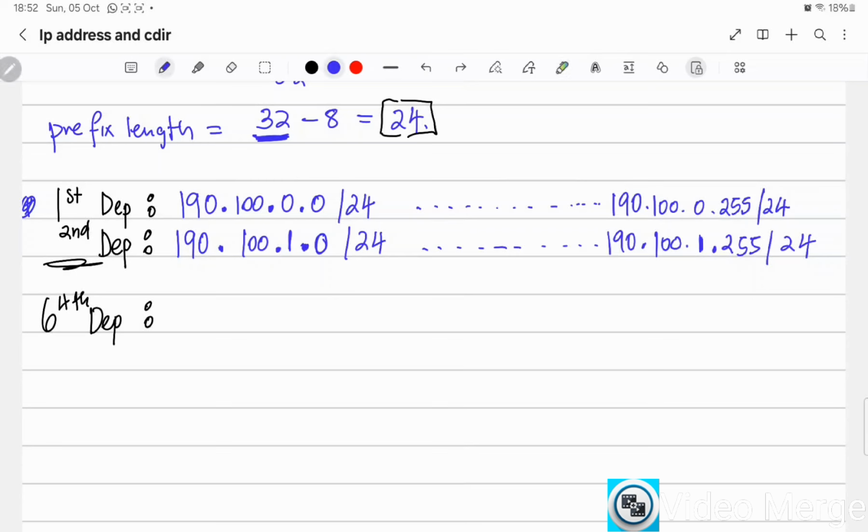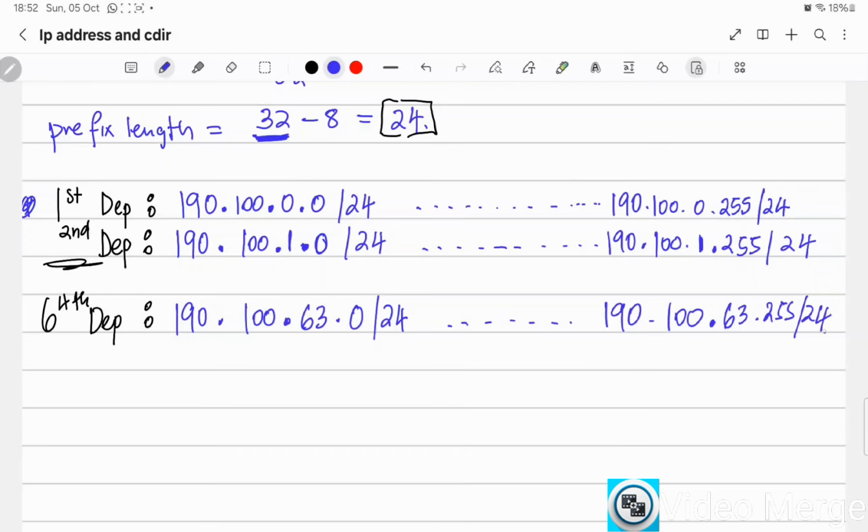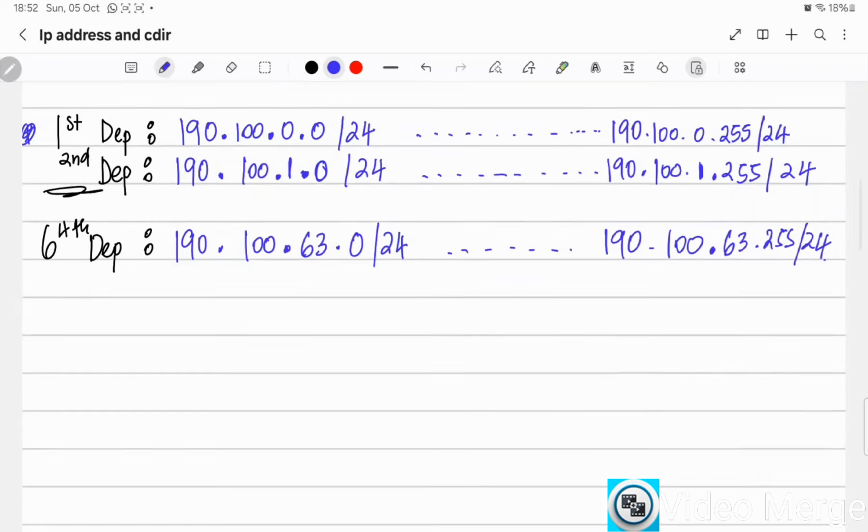Hopefully you're noticing that pattern as well. So here we're going to have 190.100.63.0/24, and then 190.100.63.255/24. We are actually done with this question.